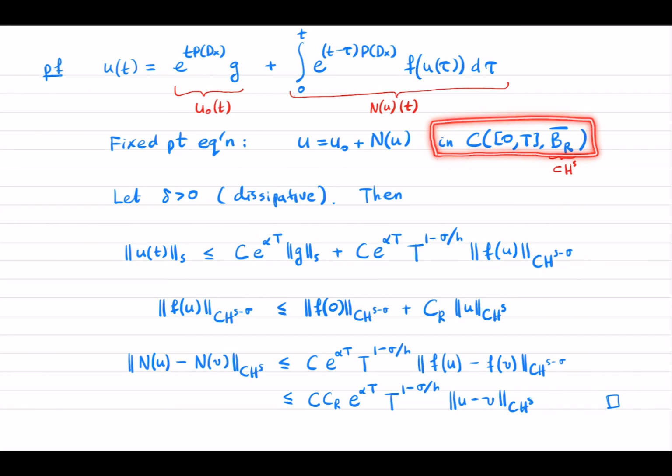We want to look at this fixed point equation in this space. So it's a continuous function from the closed interval [0,T] into some closed ball in the Sobolev space Hs. Let's look at the dissipative case only, because this is a bit more complicated case, because we can actually lose derivative here.